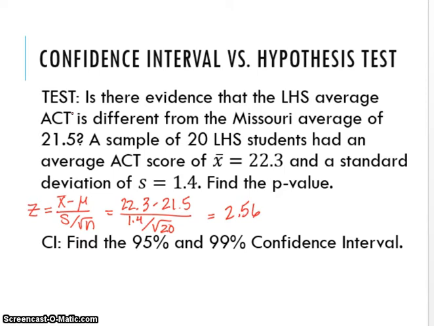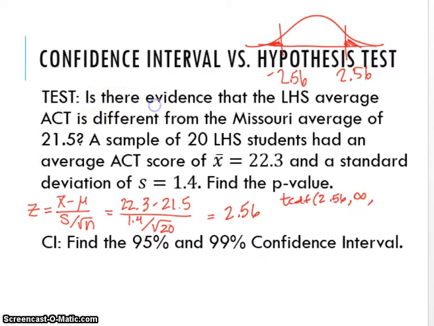And that gives us 2.56. Now if we want to calculate the p-value, we're going to graph this. We have 2.56 out here, and since it's a two-sided test, we have negative 2.56 out here. We need both of these areas, but we only need to find one of them and multiply it by 2. So you're going to use tcdf, lower bound of 2.56, upper bound of infinity, degrees of freedom 19.